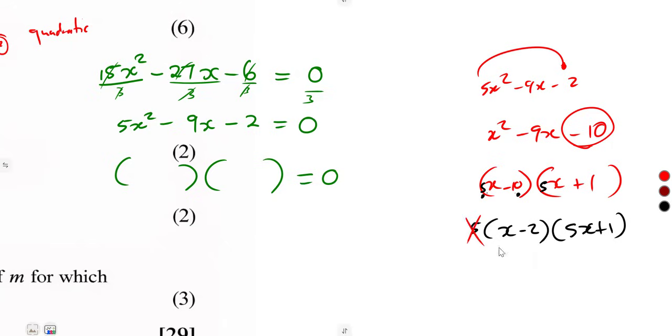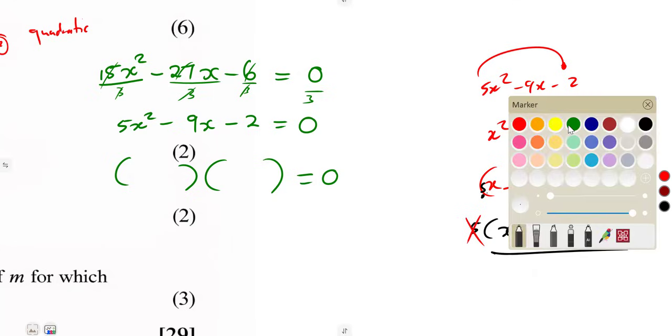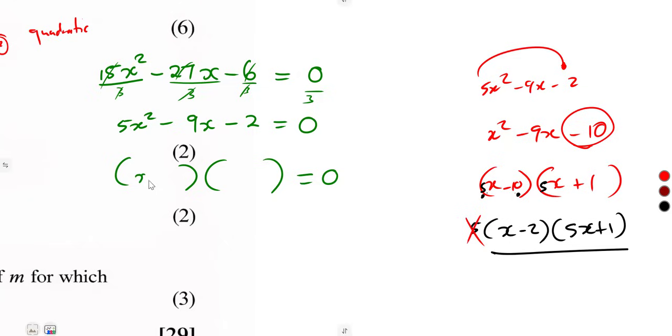The 5 that is outside of the bracket is not important. So these are the brackets. What is inside of the bracket? x minus 2, 5x plus what? Plus 1, just like that. So that is it. Minus 2 to the other side, that's a positive, so x is going to be what? 2. 1 to the other side is going to be negative 1. Then you divide by what?